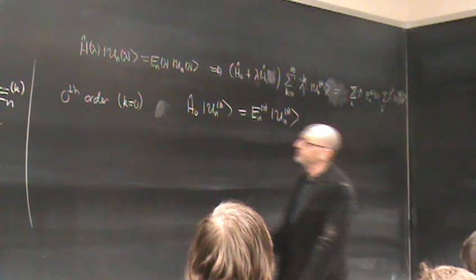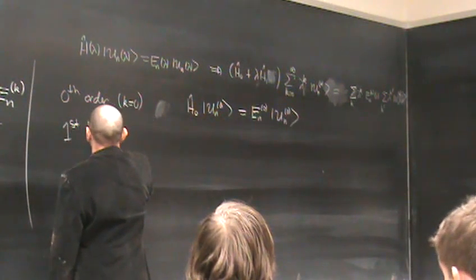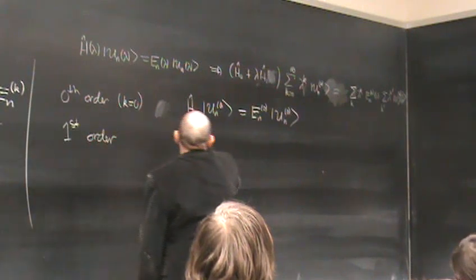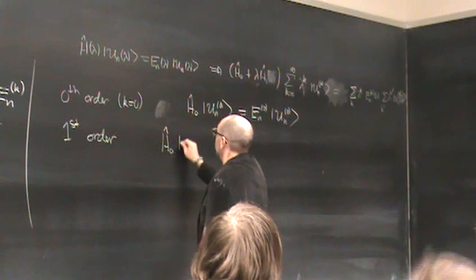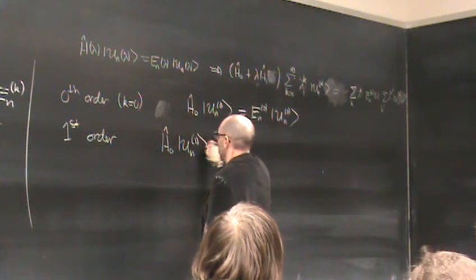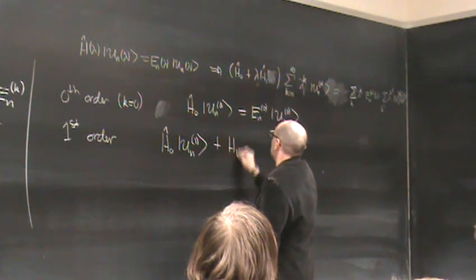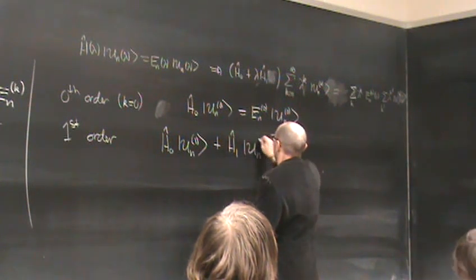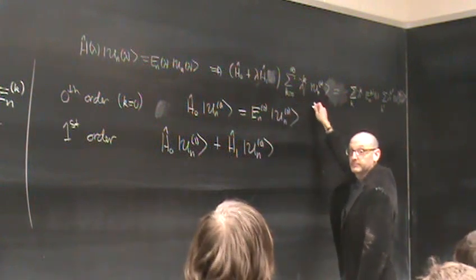Now let's collect the 1st order term. So that would be equal to H0 times u_n, the 1st order piece, plus H1 acting on the 0th order piece. Both of those are 1st order.